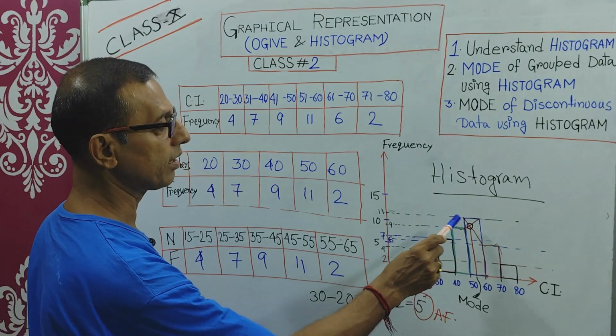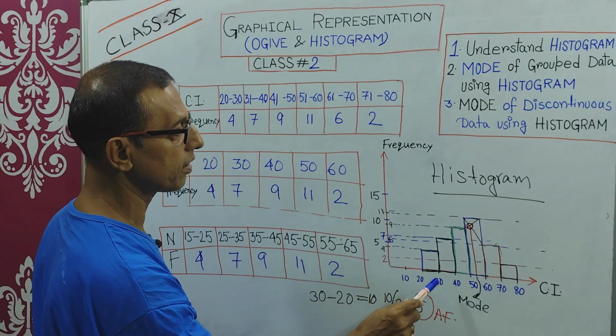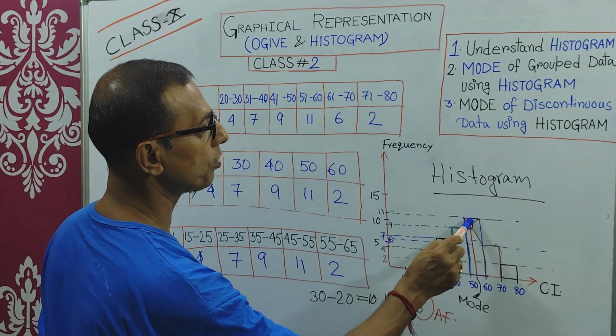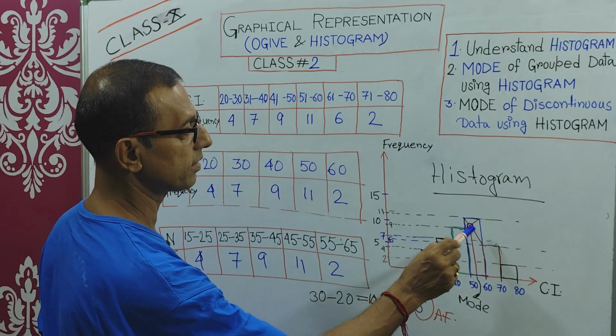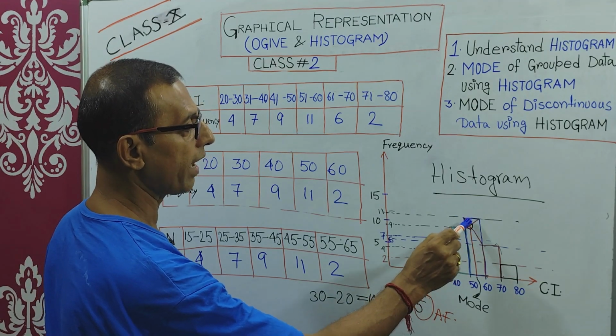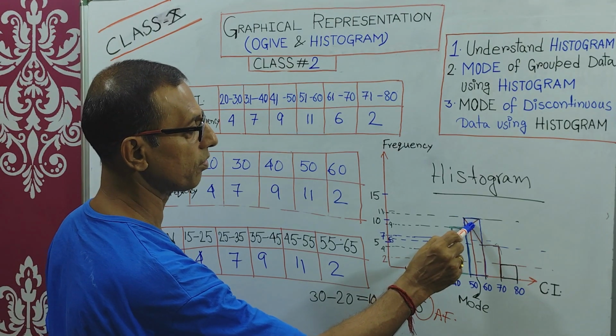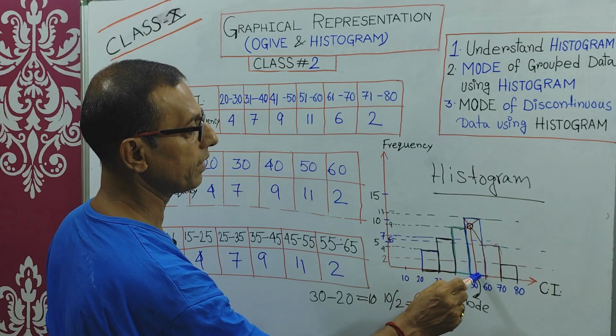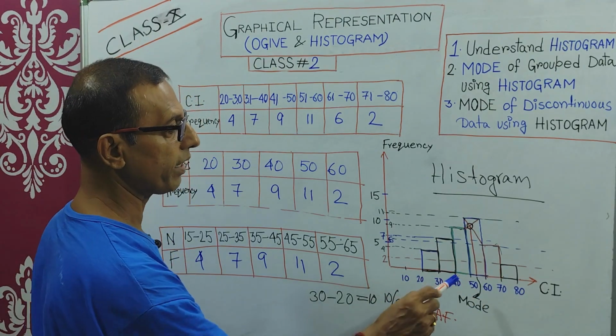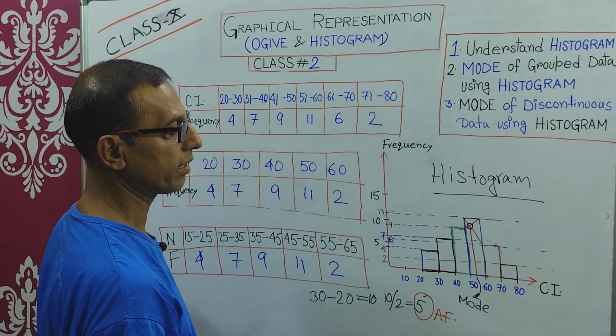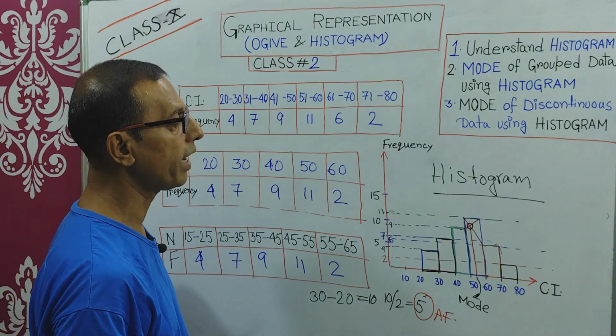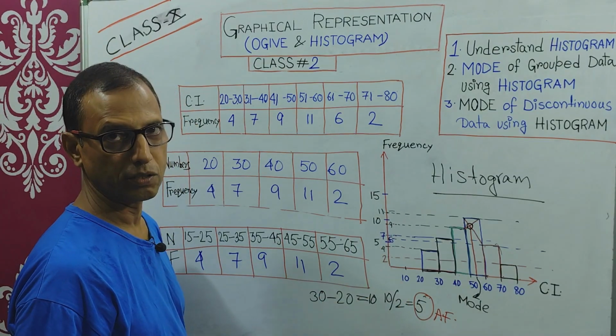Once you have the continuous group data, you can find the mode in this manner. As I said, you draw the diagonals, and from the intersecting point of the diagonals you draw a perpendicular on the x-axis. Where it intersects, that value is the mode for that group data set or continuous data set.